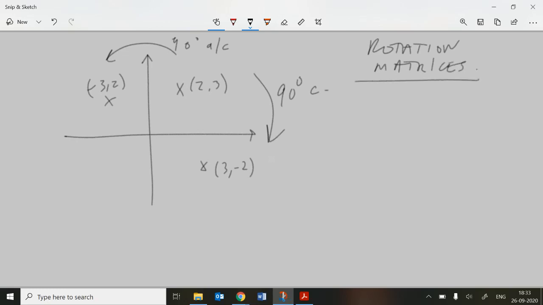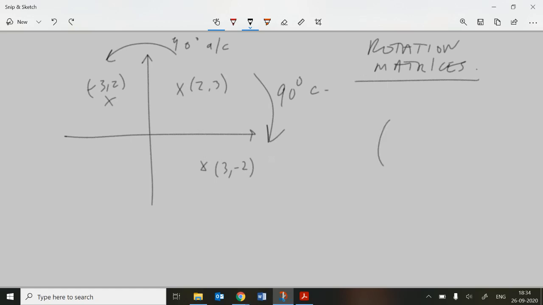Okay, so there's our original point, and you can see that that is 2 across and 3 up. And hopefully by a kind of L method, we rotate that L around, so like that. This rotates by 90 degrees, and this rotates by 90 degrees. You can see that we should end up in this position here if we rotate 90 degrees clockwise.